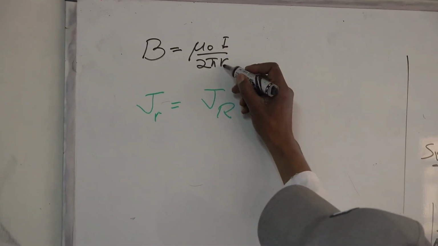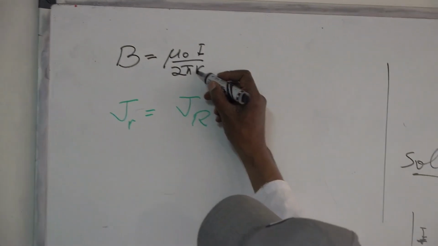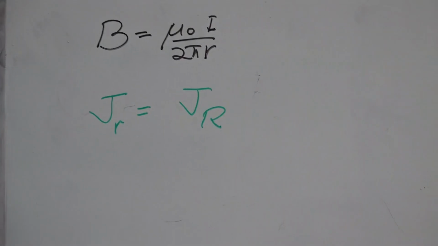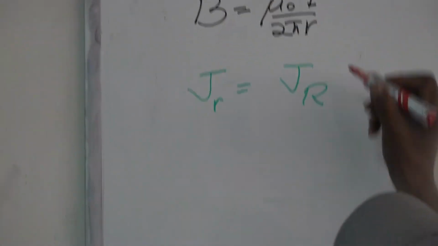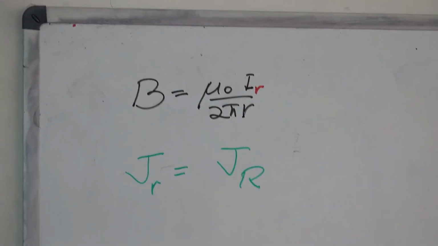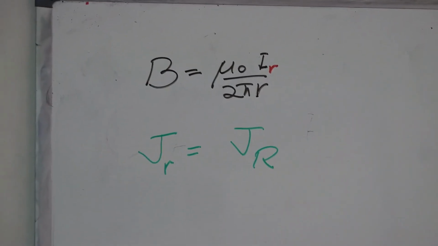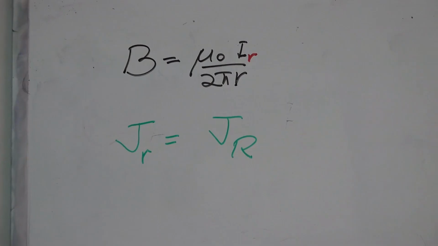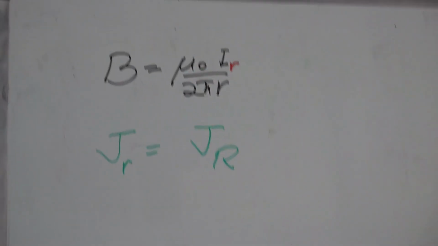But if you want to find out the magnetic field strength to some distance r, this must change. I is wrong. You have to write down the corresponding current. So write down I(r). What does I(r) mean? The current within the radius of small letter r. So at any distance, how much is that?